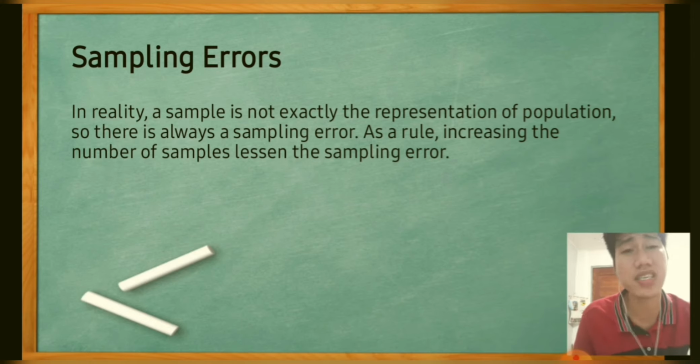If there's a sampling error, it's normal, but we need to make sure that it is very small. That's why one of the rules is that we need to increase the sample size in order to lessen the sampling error.